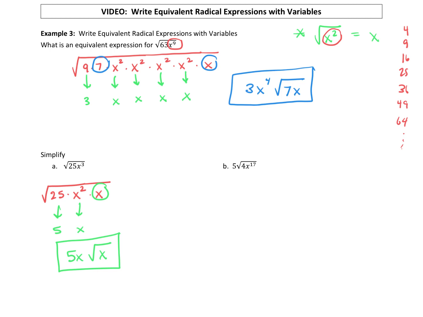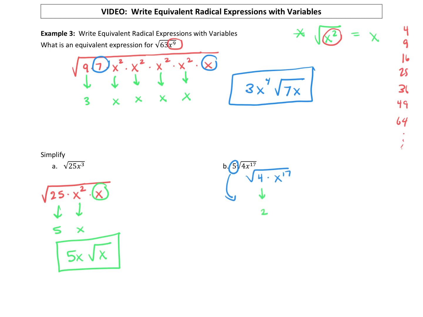All right, so next one, we're going to shortcut this a little bit because I can see there's an x to the 17th power. I don't want to write out a bunch of x squareds, so I'm just going to think about it in my head. Let's recognize there's a 5 out front, and then we're looking at the square root of 4 times x to the 17th power. Well, 4 is one of our perfect squares, so the square root of 4 is 2.